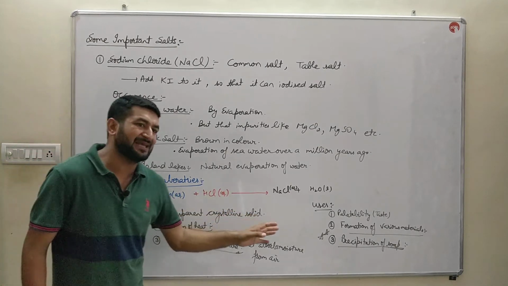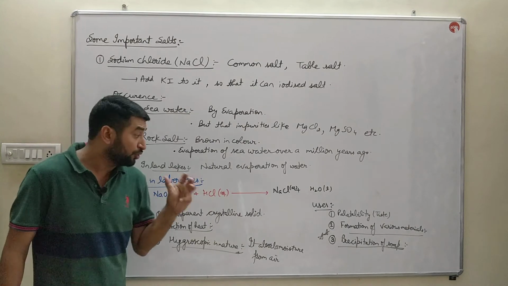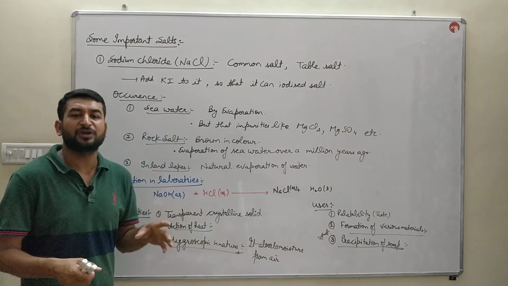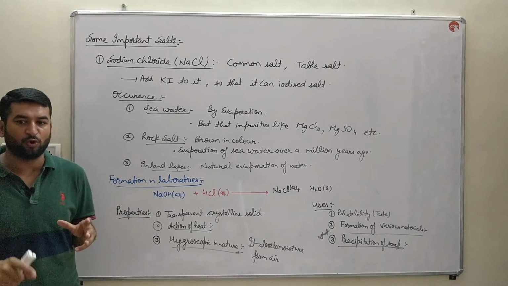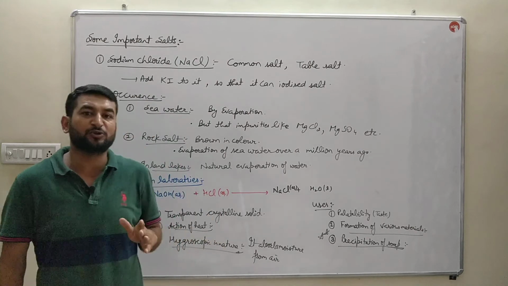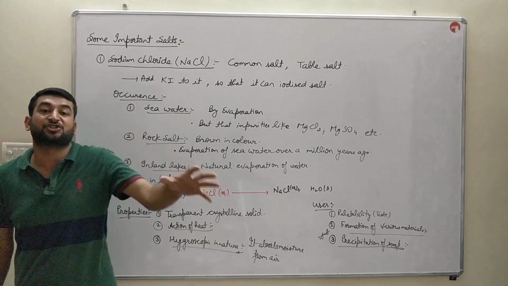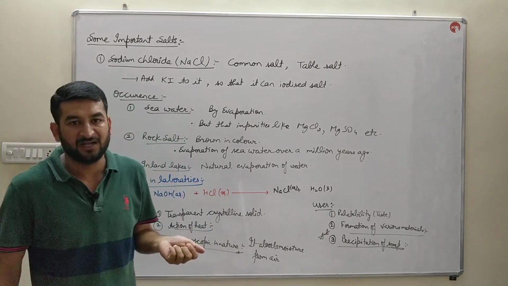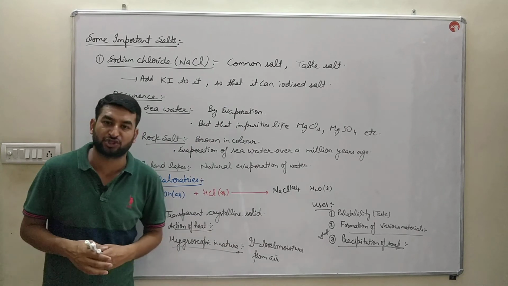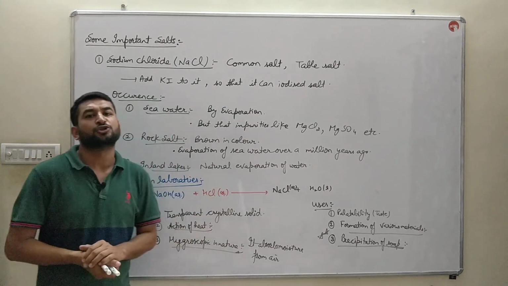When we make soap, children, it is formed in the form of a thick paste. So we add sodium chloride to the thick paste of the soap so that the soap will precipitate out. The soap precipitates, the water that remains evaporates, and we get the solid soap very easily. So for the precipitation of soap, we add sodium chloride to the soap solution. So these are the uses of sodium chloride.